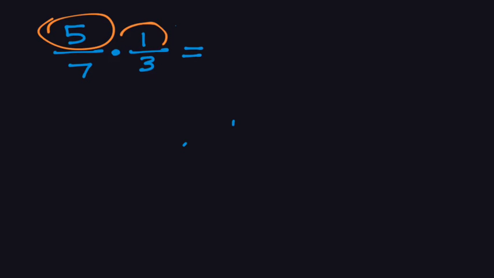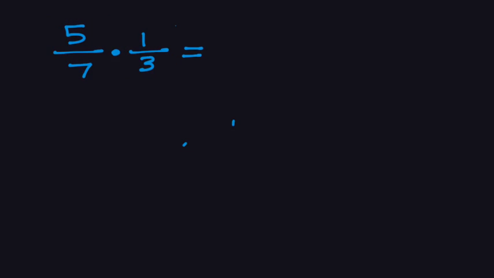Another practice problem, let's say we were asked to multiply 5/7 and 1/3 together. Once again, we have to multiply our numerators, 5 and 1, and our denominators, 7 and 3.